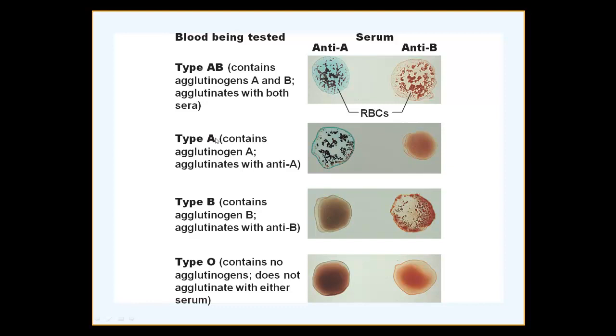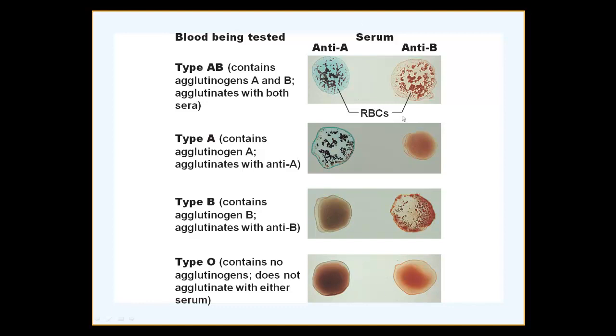If the person is type A, anti-A will react to these cells, so it will agglutinate, whereas anti-B will not agglutinate the red blood cells. And so you can differentiate between whether the person has AB type, A type, B type, or O type, where neither of the antibodies will agglutinate.